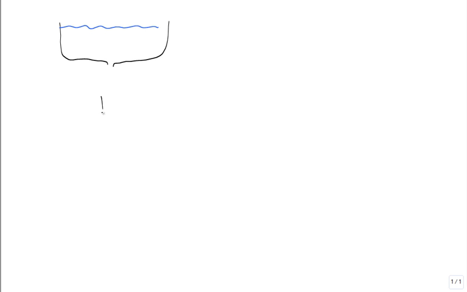Here's a container. Okay? And I want to fill it up from empty to this level in the shortest amount of time possible. Somebody says, take the container just like that. That's great. And if you increase the height of the fluid level in the container, it will fill up the container faster. Do you agree?